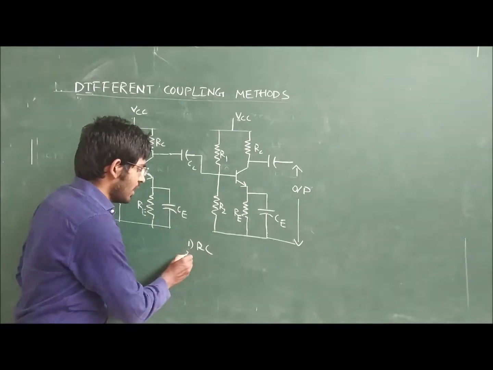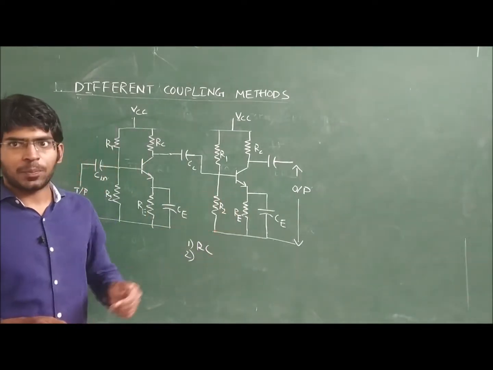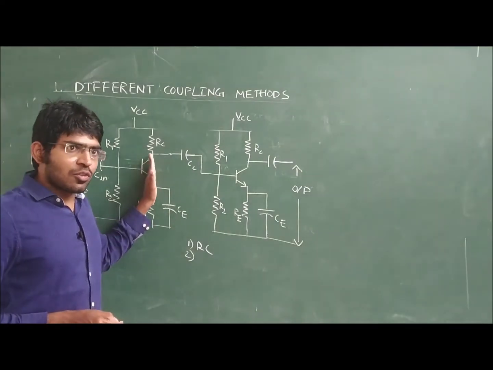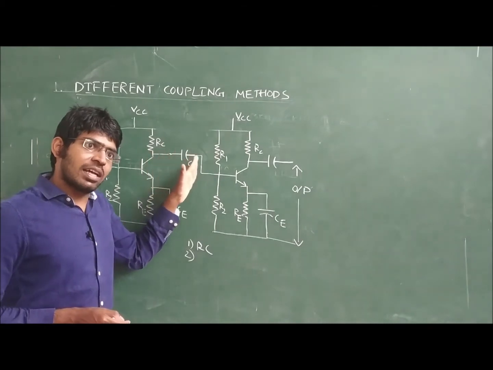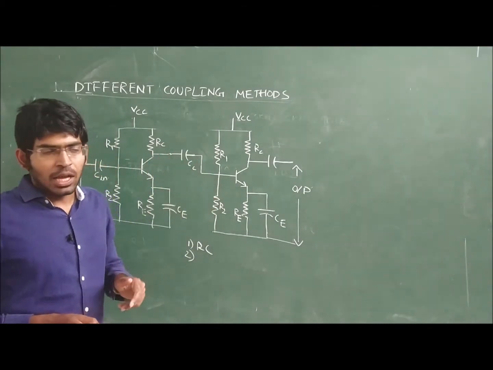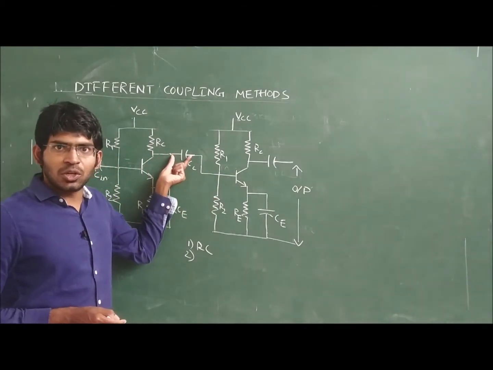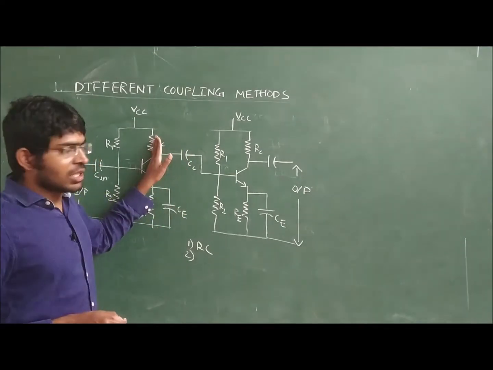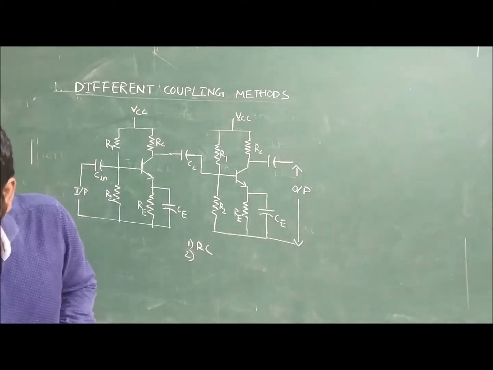And the second one is transformer coupling. Transformer coupling means the output of the first stage is again connected as input to the second stage, but instead of an RC circuit, here we are using a transformer. We do not use this RC circuit.